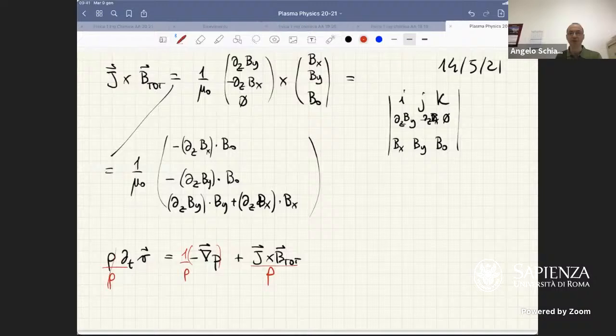Then we get to the following equation for the first two components.